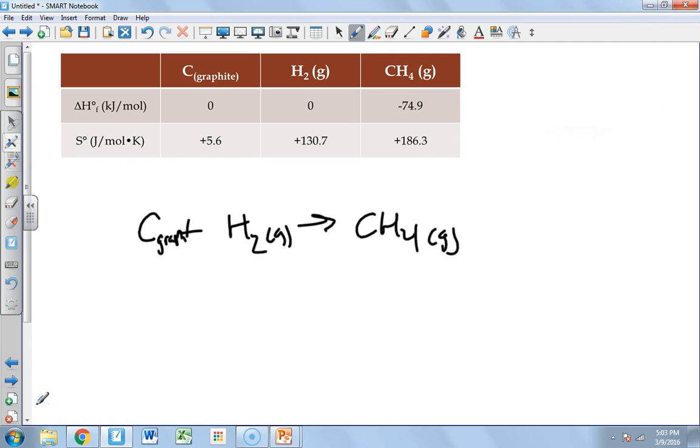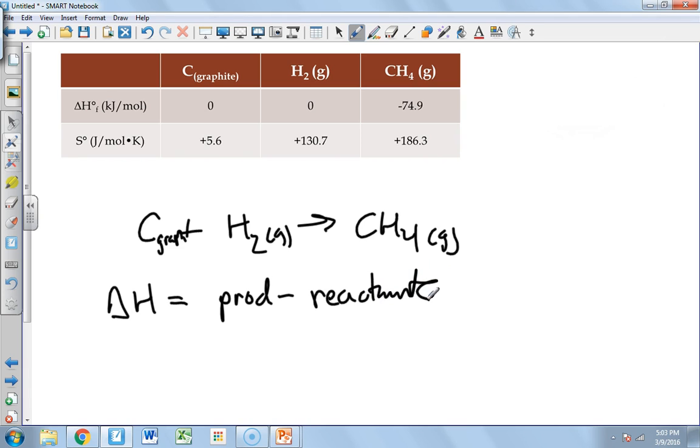So we're going to calculate delta G, but in order to do that, we need delta H. The delta H equals, and this is how I'm going to eventually just abbreviate it, products minus the reactants. What are the products here? Make sure this reaction is balanced. No, it's not balanced. Okay, now I'm going to balance it. It has to be balanced. Remember, the coefficients mean something here.